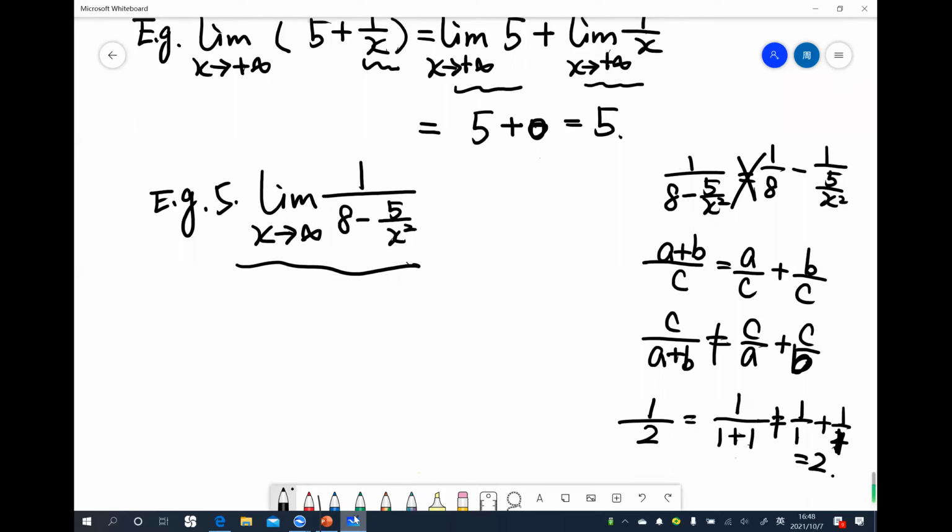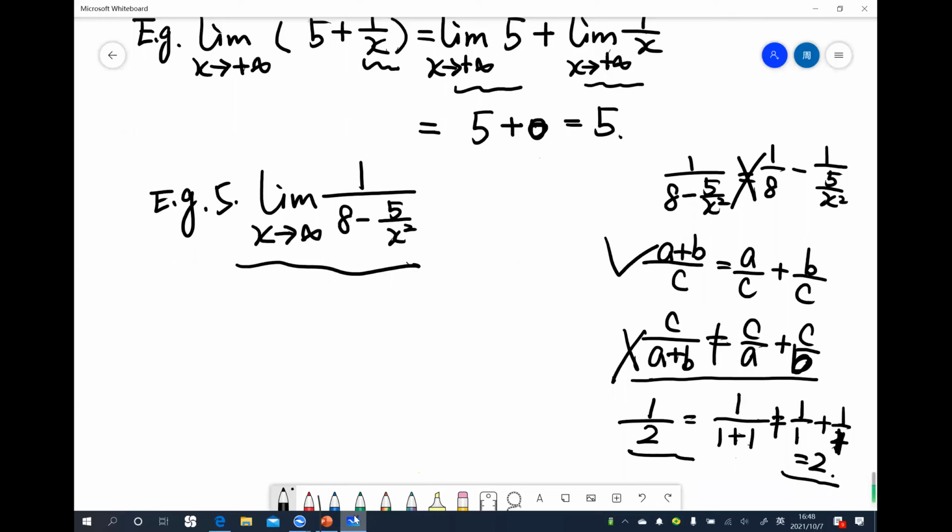They are not equivalent, right? So it is wrong to write like this, but this is correct. Can you understand, guys? Yes. So you should know this is not correct.